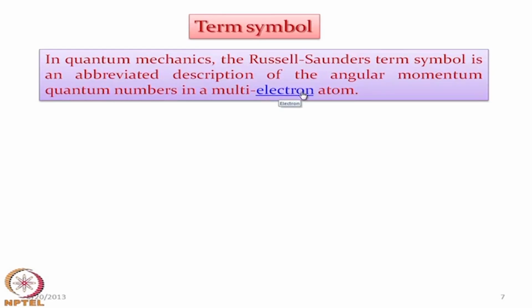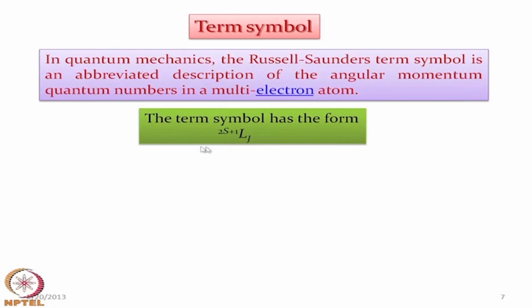If we have 2 p electrons or 2 d electrons, we can have a description of the total angular momentum. How we find the total angular momentum of a multi-electronic system, and how we define the spin values, can be known from this coupling scheme, known as RS coupling or LS coupling.